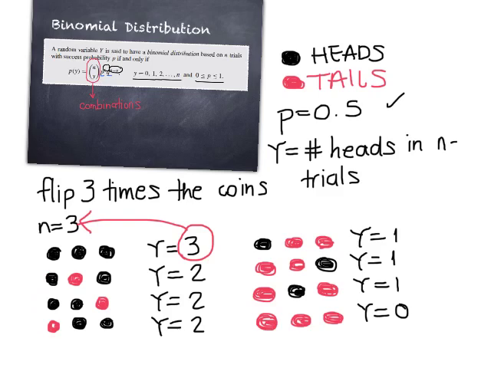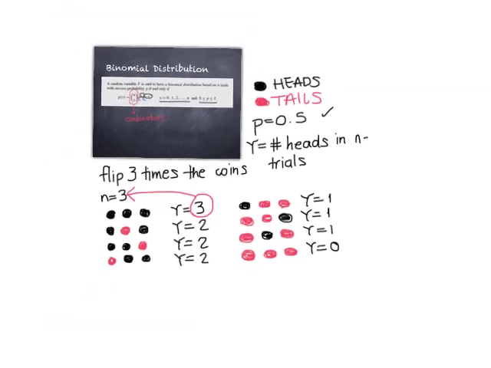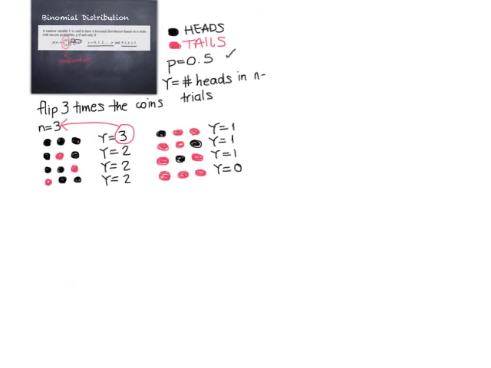Then, if you take a look here, for example, in the first one without the combination, this is the probability of y equals 3.